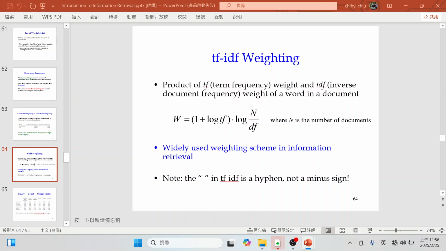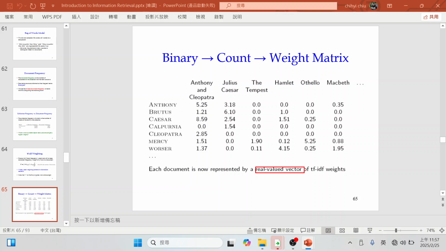But now we have a new technique: using deep learning, we can capture better relations to model the weight of a word. Now your matrix can be expressed in a new form like this. Each entry now represents the TF-IDF weight.